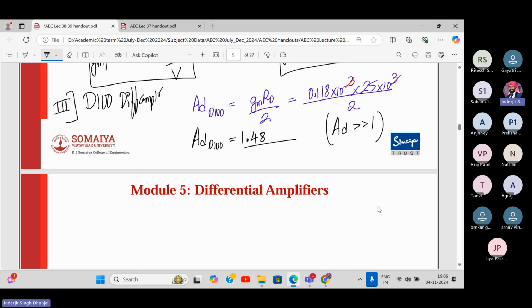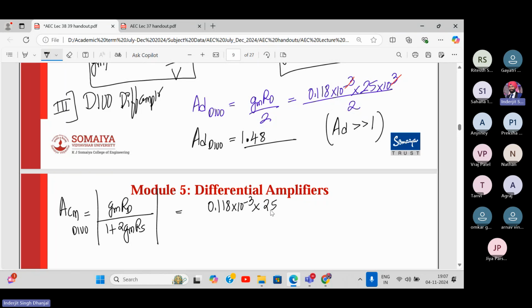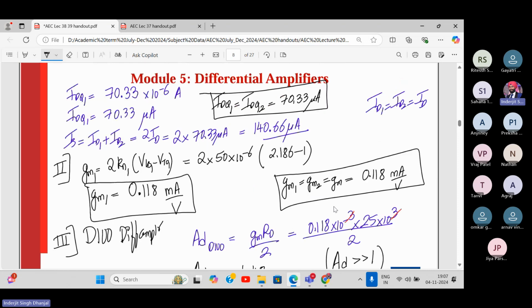Now we'll calculate ACM. What is the ACM formula? Mod of, for DIUO, it's the same for all actually, GM RD divided by 1 plus twice GM RS. So please calculate this. GM is 0.118 into 10 raised to minus 3, RD is 25 into 10 raised to 3, divided by 1 plus twice GM, 0.118 into 10 raised to minus 3, into RS.